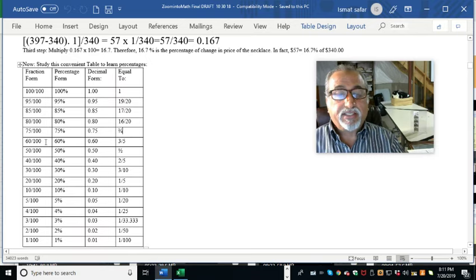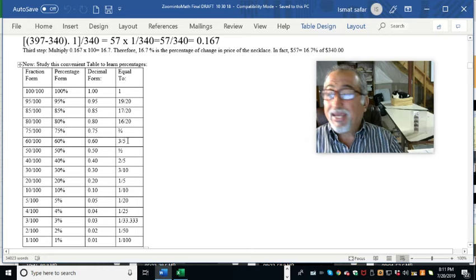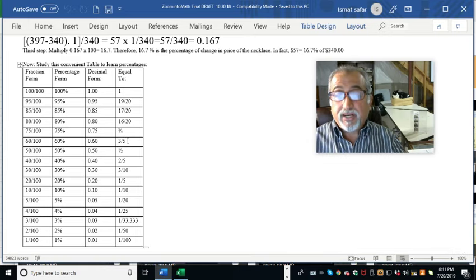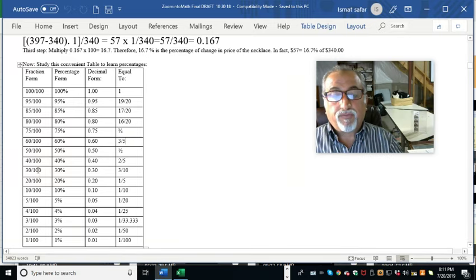Now, 60 of 100 is 60%, right? So 60 is 60% of 100, which is 0.60 in decimal form. An example, 3 over 5: 3 is 60% of 5.